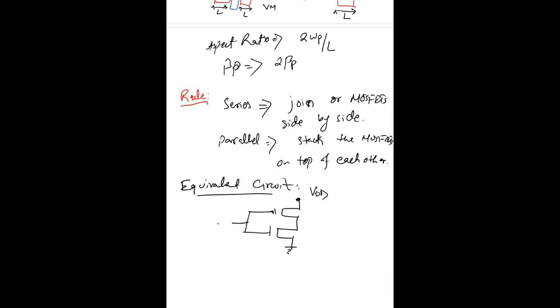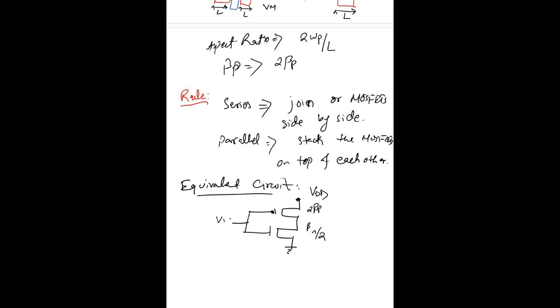We have our input, and this PMOS gate here has a transconductance of 2 beta P, and this NMOS has a transconductance of beta N by 2. So we have these two different gates which have different aspect ratios.